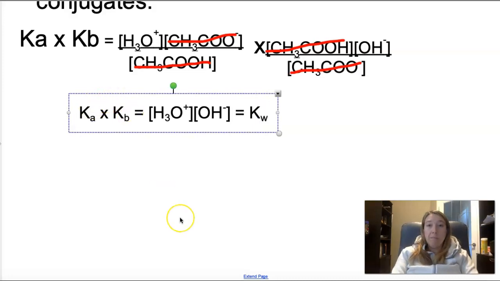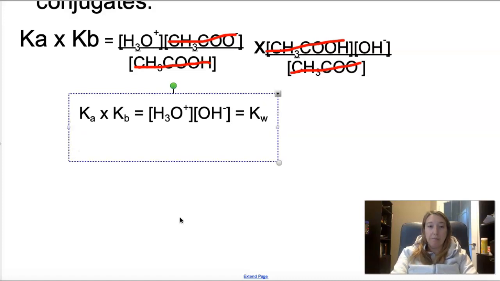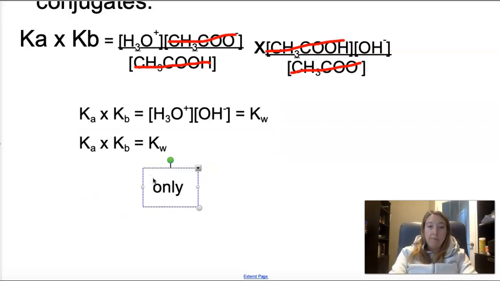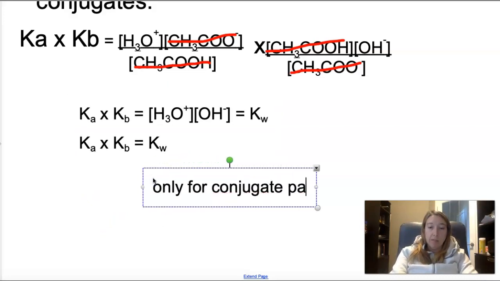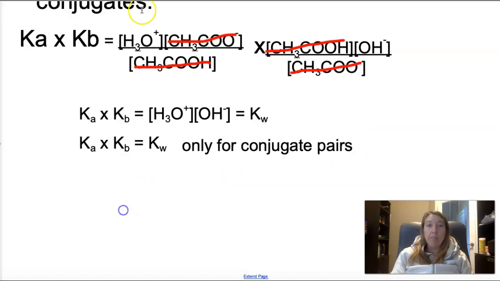So what that means is Ka times Kb equals Kw. This is only true for conjugates, only for conjugate pairs. This isn't true for random things that have no relationship to each other.